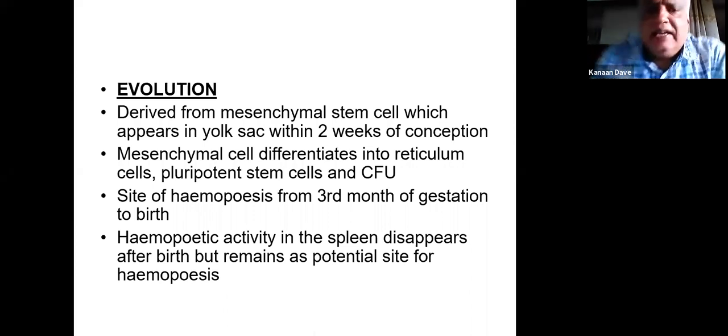That's basically the beginning of hemopoiesis in the fetus. Within 2 weeks, these cells are active in producing the white cells, red cells, and platelets that we see in the fetus. By the 3rd month, it has become a fully fledged hemopoietic site until birth.